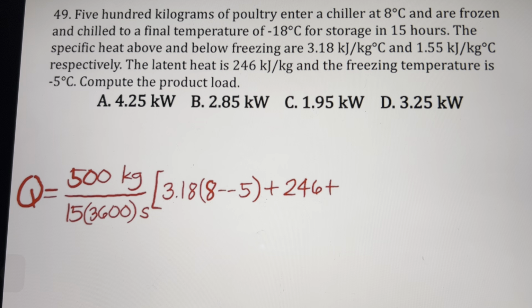And then our sensible heat below the freezing, so our Cp below is 1.55, times the change of temperature below freezing. Let's start with the freezing point, which is still negative 5, minus the final temperature, which is negative 18.